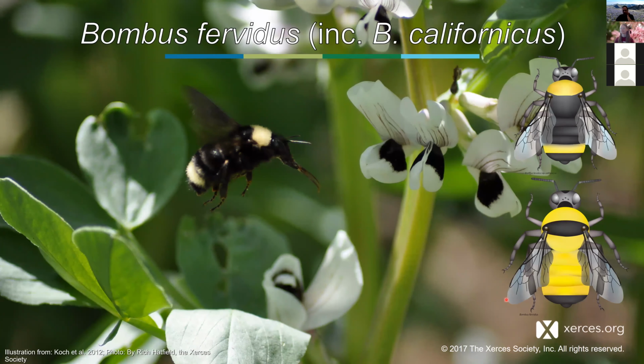But again, this species has a black face and a black top of the head. The vertex is black, and there aren't very many species with that feature. Some species have a black face, but the top of their head is yellow. This is one of only 2 or 3 species in the Pacific Northwest that has a black face and a black top of the head. And those are the things that we're looking at for this species.